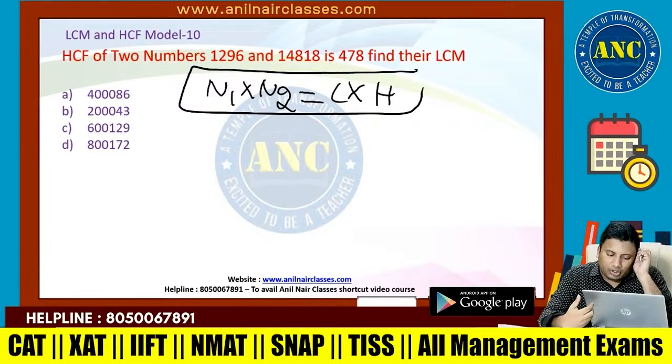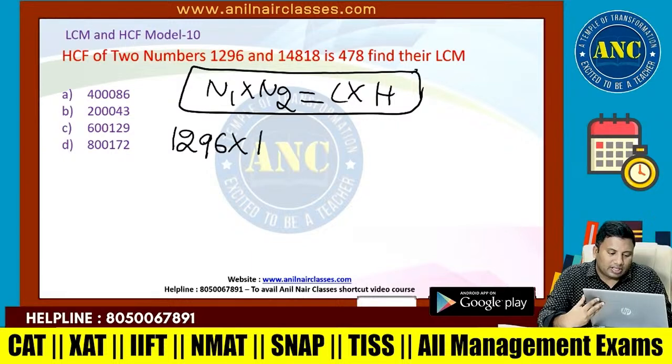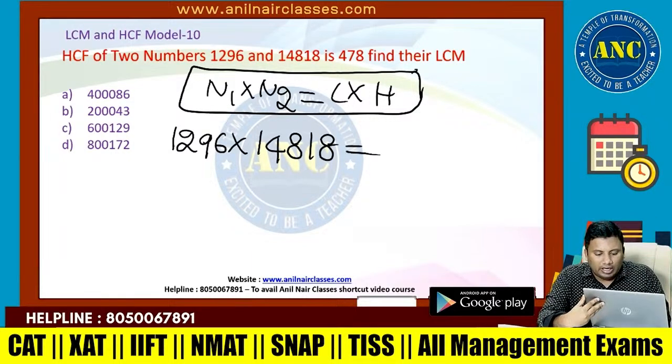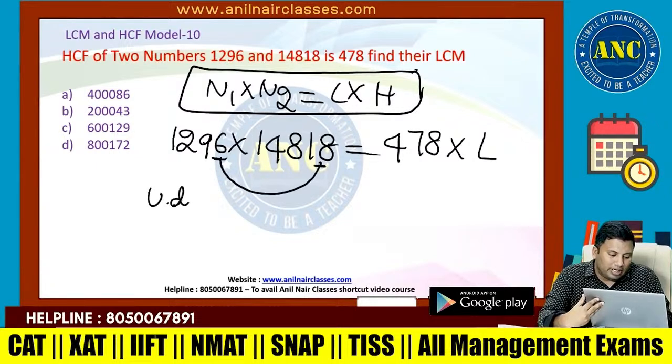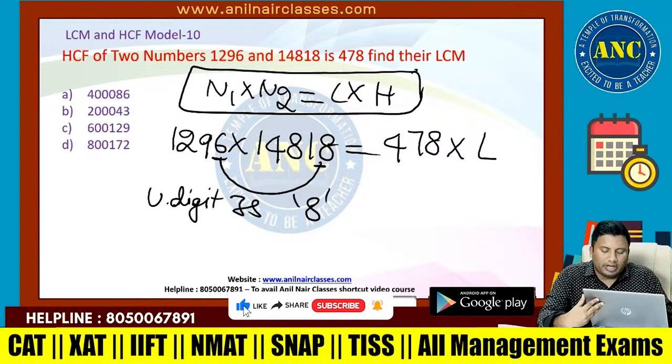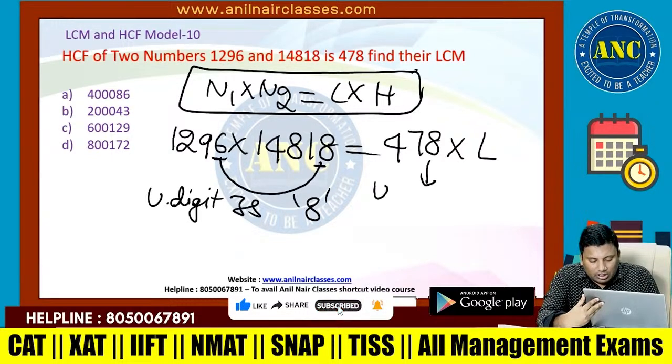N1 into N2 is LCM into HCF. N1 is 1296, into 148 is 478, LCM. 6 into 8 is 48, so the unit digit is 8.